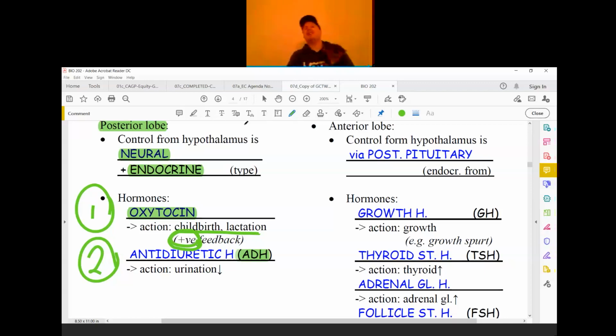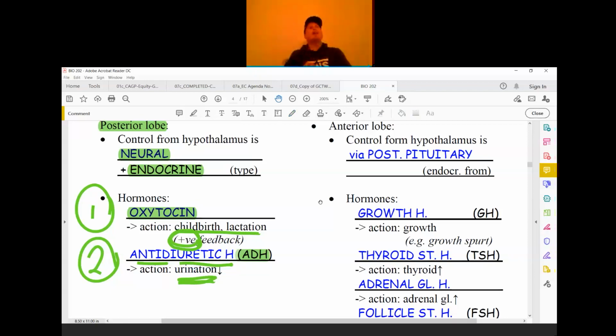So antidiuretic hormone does exactly what it says on the tin. It is all about urination, and when we have anti, it's against urination. So we are producing less urine whenever antidiuretic hormone is released.